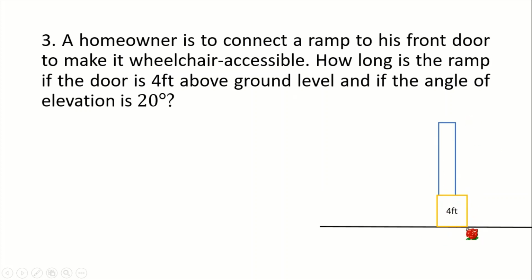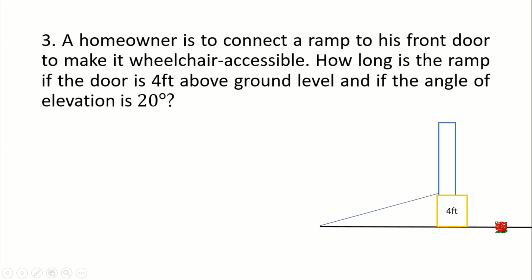And then, yung owner ng bahay na ito is planning to make a wheelchair accessible. Ayan. Let's say, dito nila dadaan or ito yung gagawin nilang ramp ng wheelchair. Right? And then, yung angle elevation daw. So, ibig sabihin here, given na yung angle of elevation natin. So, yung angle elevation daw mula sa ground.